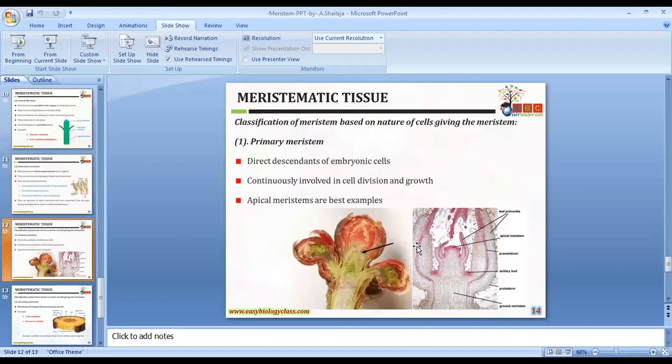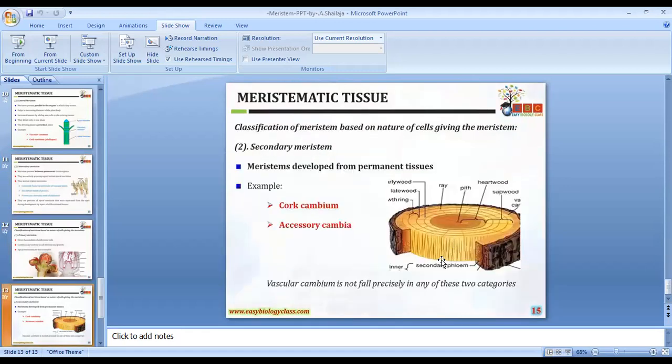Examples are cork cambium and accessory cambia. We observe in the vascular cambium so many: heartwood, sapwood, late wood, early wood. All these are formed by the secondary growth; that is what we call secondary meristem. This is based on the nature of the cells: the primary meristem and the secondary meristem.